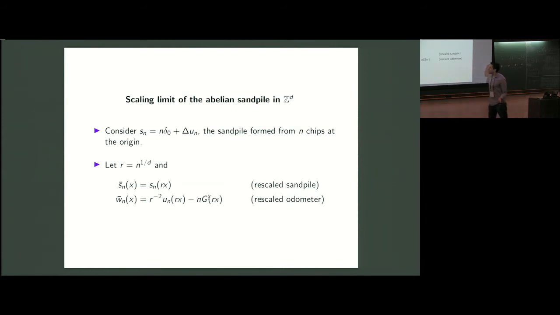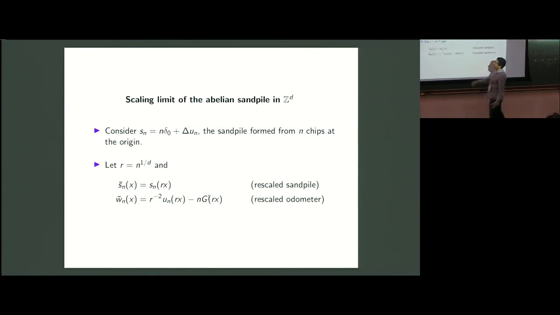The scaling for the odometer has a couple of pieces. You're going to rescale space by this same factor r, which is the dth root of n. And then the odometer is blowing up at the origin because that's where the chips started. So it's useful to subtract out that term, because what you're left with is smoother and nicer to work with.